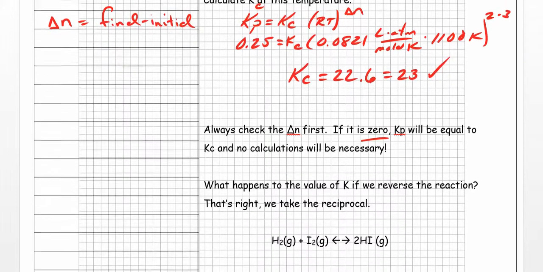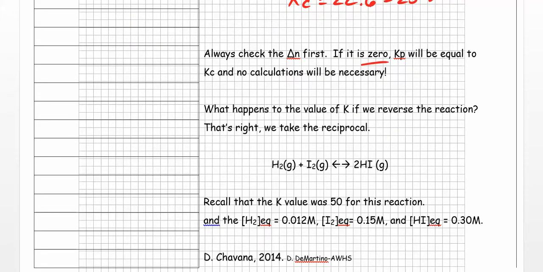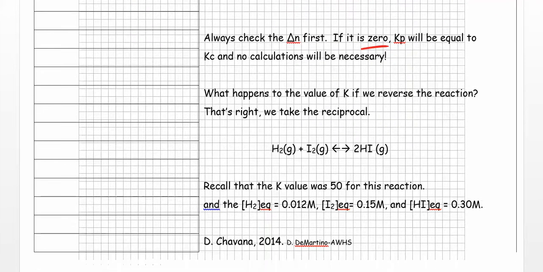So you can save yourself a lot of trouble if you simply check, and it will often happen, for example, on the AP exam, that the Kp and the Kc will be the same, and you won't have to do a calculation if the delta N is equal to 0. So check that first. Okay, I hope that makes sense.